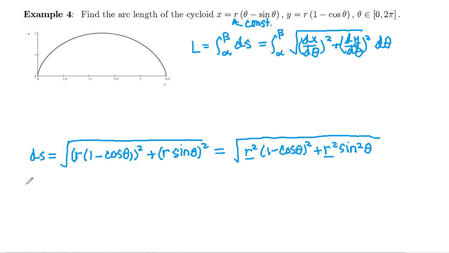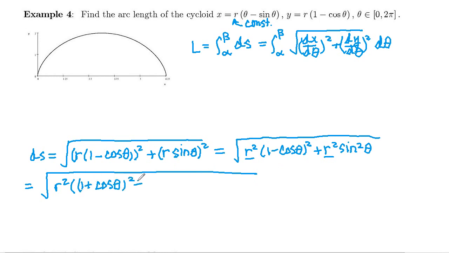So this is going to be the square root, with an r squared out in front, and then (1 minus cosine theta) squared plus sine squared theta.